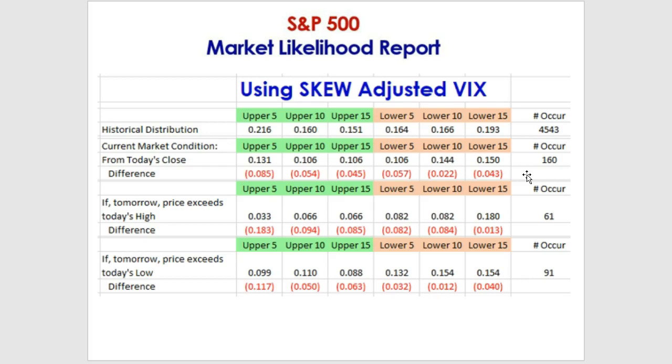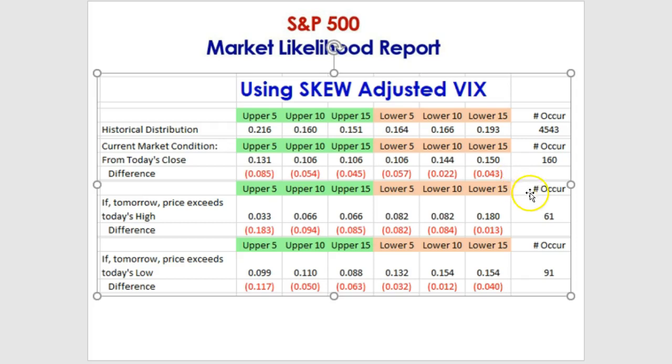What I do then also is just to give you guys a little bit of a better look here when, in this case, Tuesday's open comes around. If the market goes above Friday's high, okay, what's the distribution in that particular case? Well, of these 160, 61 times the market went above that previous bar's high.